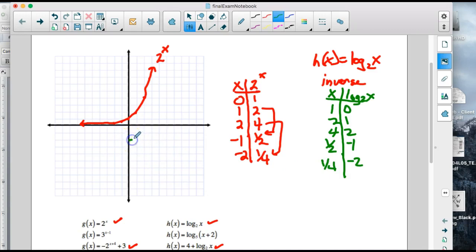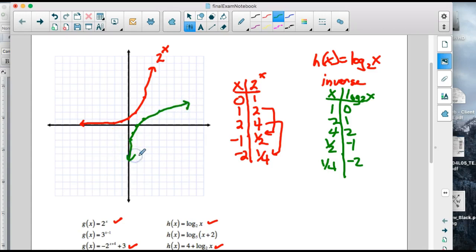Then we'll have the value at 1/2, -1, and then it crosses right here at 1, 0, and then 2, 1, and 4, 2. So this one bends in this direction away from the y-axis, and it goes up this direction like this.